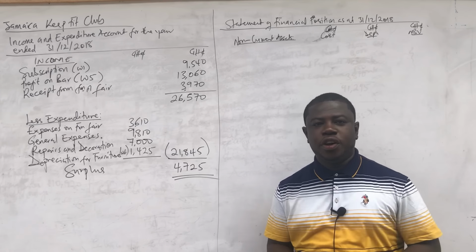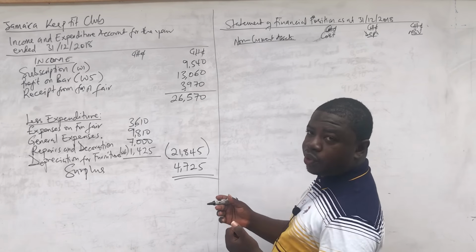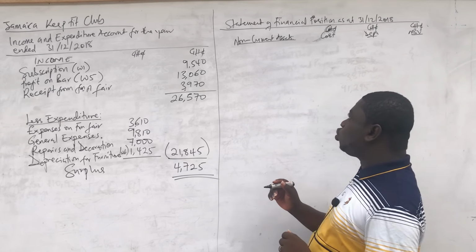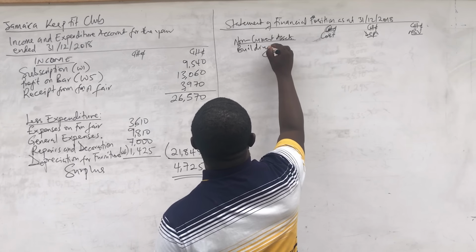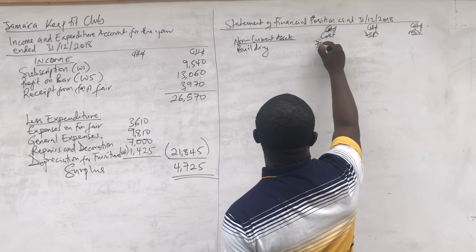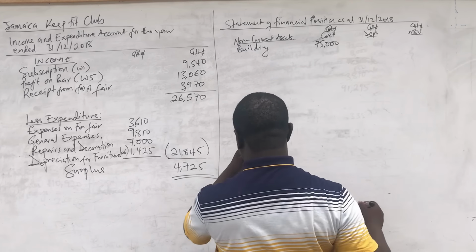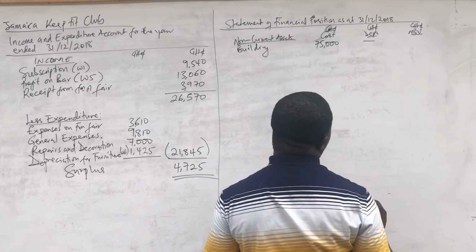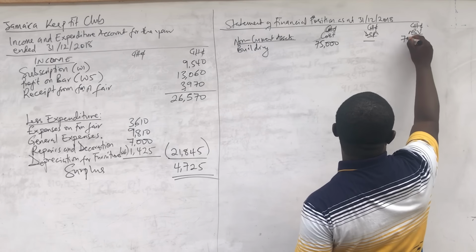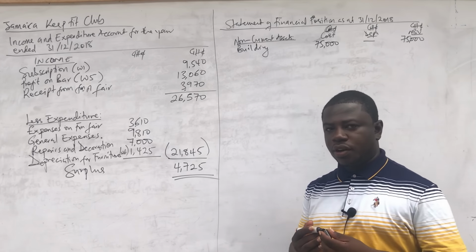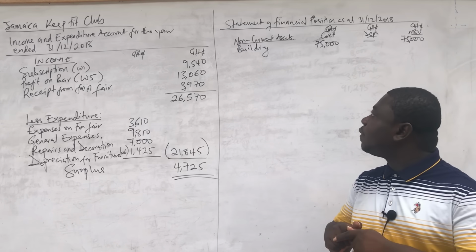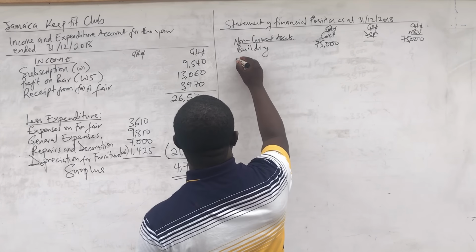Okay, so for the non-current assets, we had building and furniture. Those are the only two that we have in the question. So building from the beginning of the year came at a cost of 75,000, but there was no depreciation provision for that. So the net book value will still be 75,000 Ghana cedis. And then there was furniture.